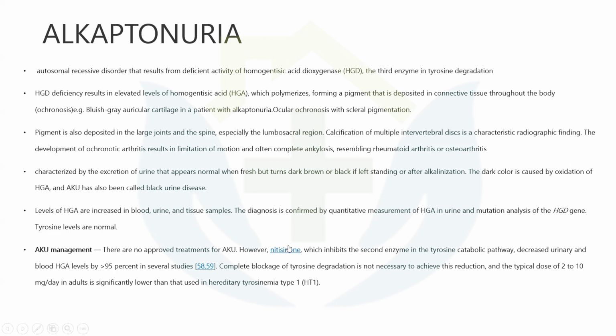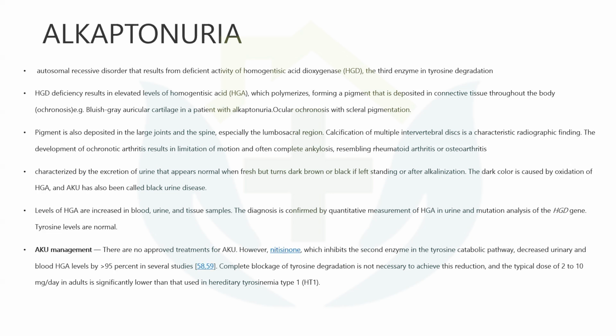When this pigment involves large joints like the lumbosacral joints and even the disc itself, it presents as osteoarthritis or arthritis, and sometimes ankylosis and joint stiffness happen. Inflammatory as well as non-inflammatory ankylosis can also happen.